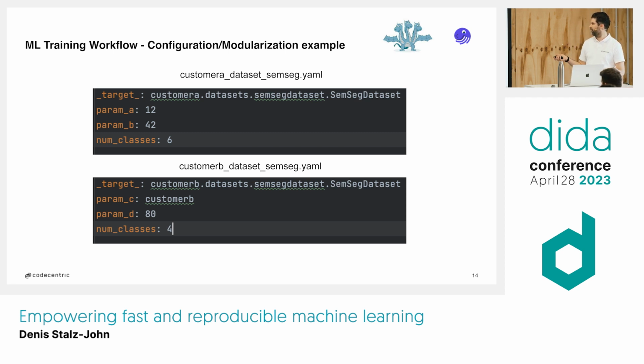I have now an example here of two different data sets. Let's say we have a customer A and a customer B, and we do the same at both customers. Here it is semantic segmentation. So we can use basically the same model architecture, the same optimizer, and everything else in the same way, but the data set is completely different.